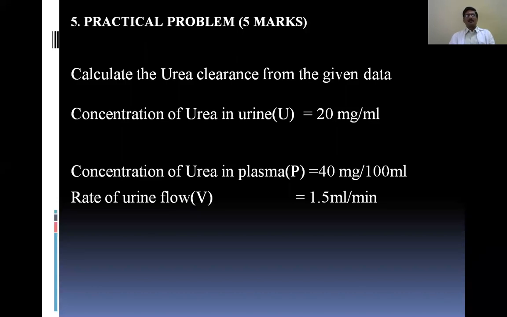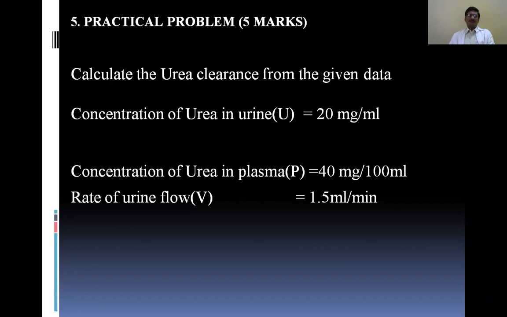Nevertheless, you can get a rough estimate by using urea clearance also. When you use creatinine clearance or urea clearance, we need not inject any exogenous chemicals. Simply by using our own metabolites, we can have a rough estimate of GFR.